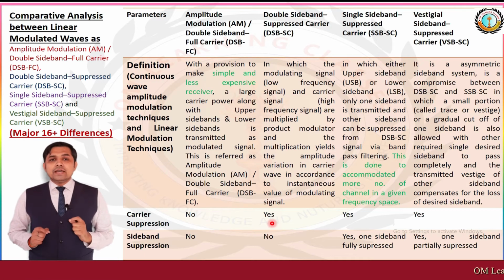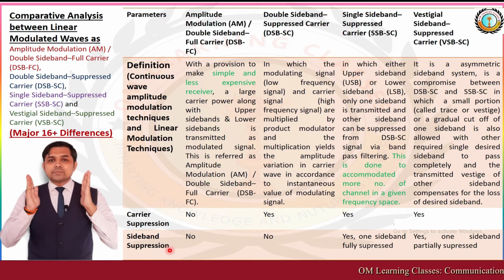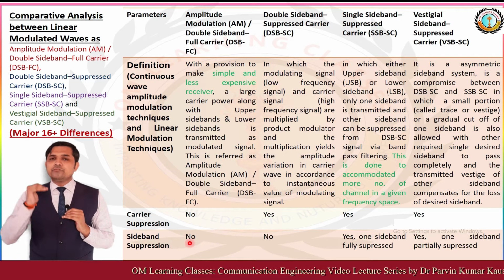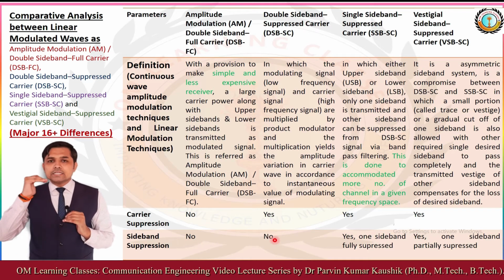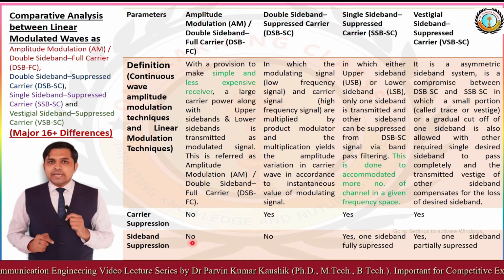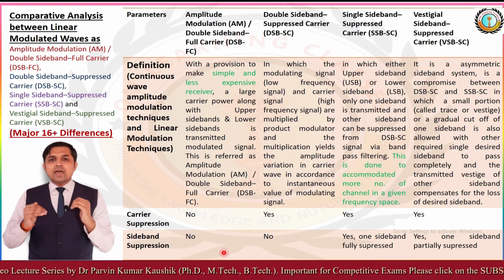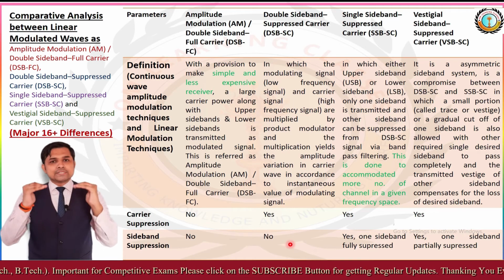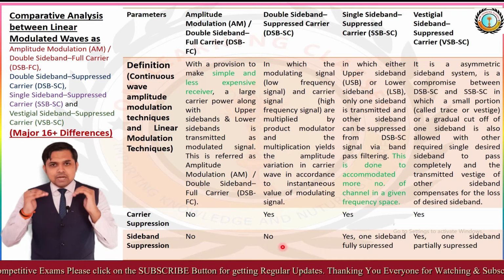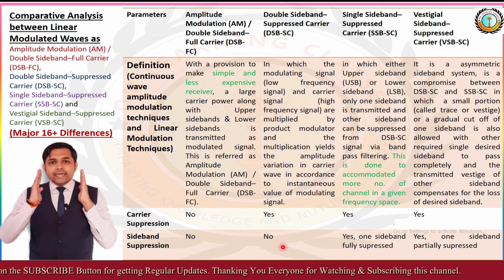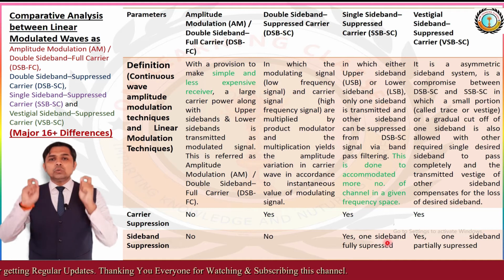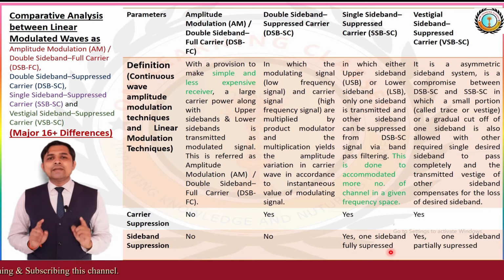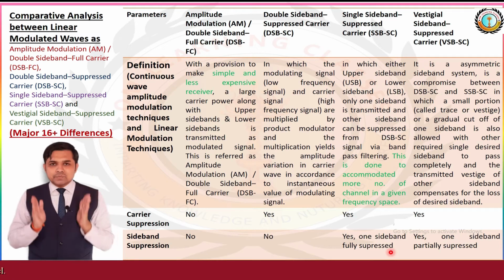Now we have another factor, that is sideband suppression. In DSB full carrier, both sidebands are also there with the carrier signal as the transmitted modulated wave. In DSBSC, we have two sidebands as the modulated wave, upper sideband and lower sideband. In SSBSC, we have only one sideband, that can be upper sideband or lower sideband, as the modulated transmitted wave.